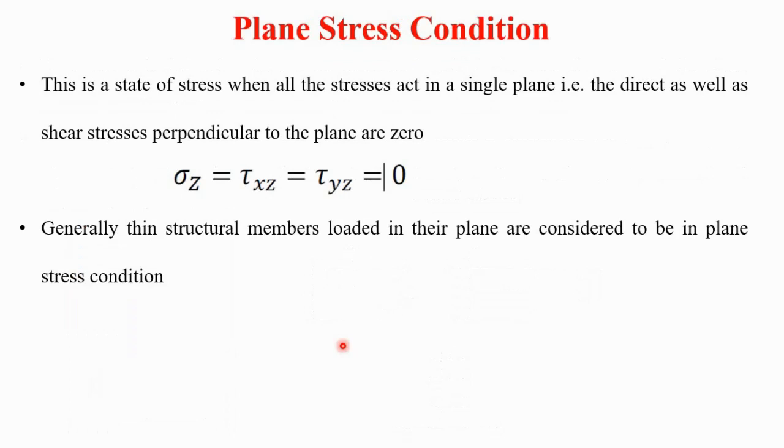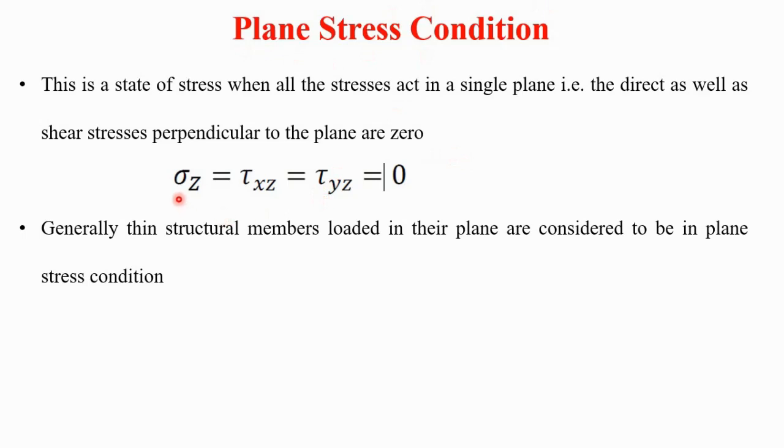Now in plane stress, this is a state of stress when all the stresses act in a single plane, that is, the direct as well as the shear stresses perpendicular to the plane are 0. That is the condition of plane stress.